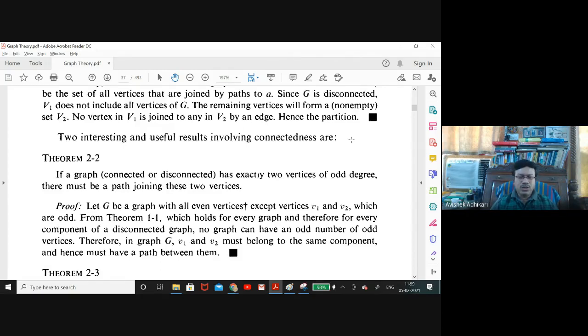Then, as a conclusion, we have to say that there must be a path joining these two vertices. Again, I am repeating the statement. If a graph, connected or disconnected, has exactly two vertices of odd degree, then there must be a path joining these two vertices. Okay, somebody try to explain.